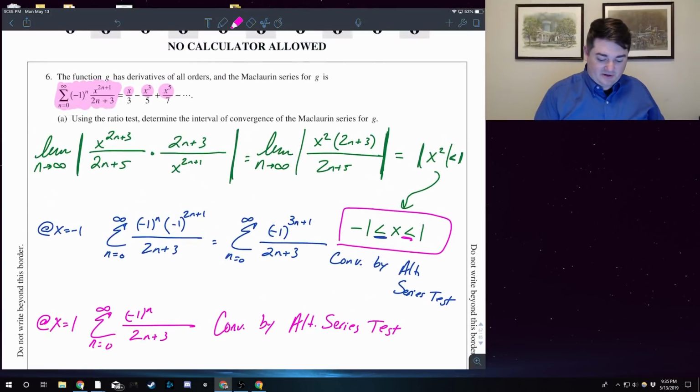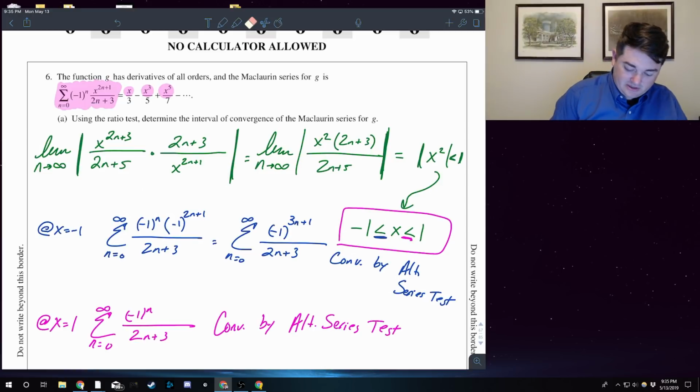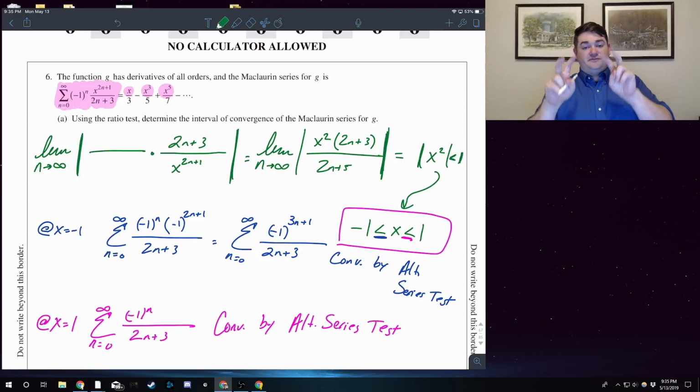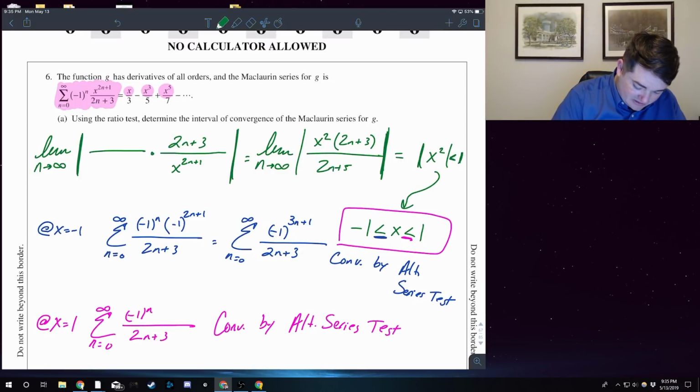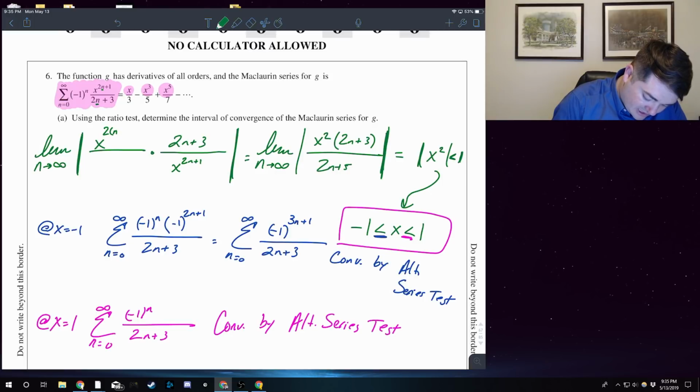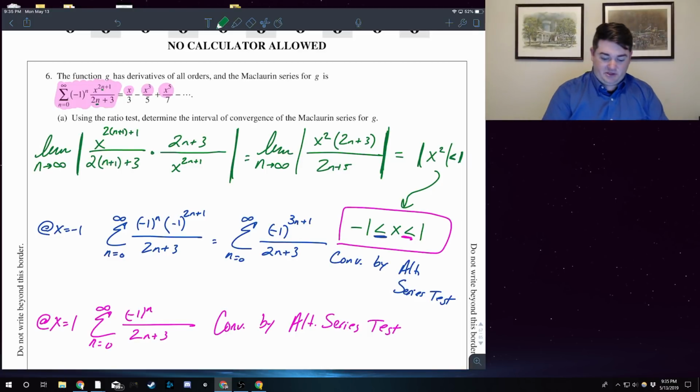Let me pop back for a second here while I'm in the neighborhood and answer Jacob's question, why did we add 2? So I'm going to redo this first step of my ratio test. I want to take the n plus first term. So I'm going to take all the n's, so this one right here and this one right here, and replace it with n plus 1. So I've got x to the 2 times n plus 1 over 2 times n plus 1 plus 3.